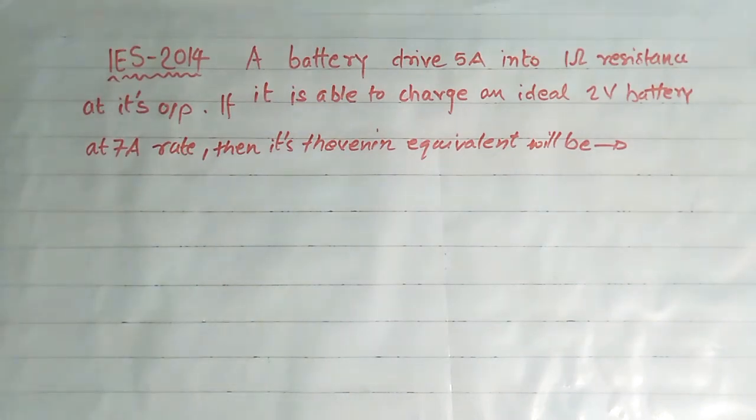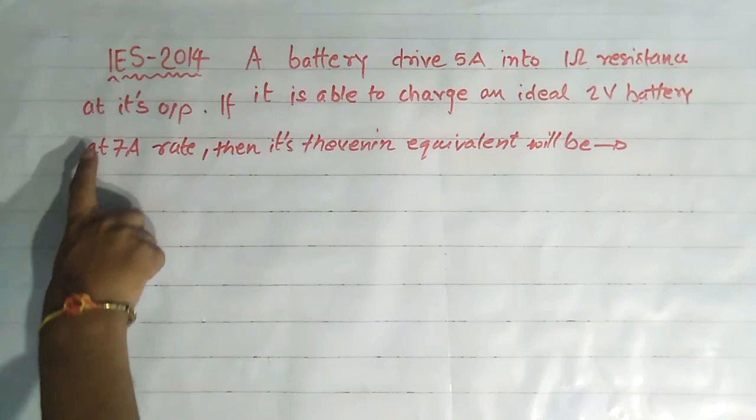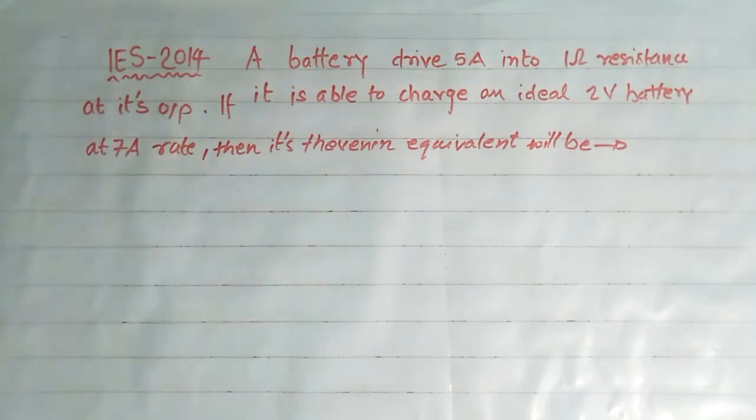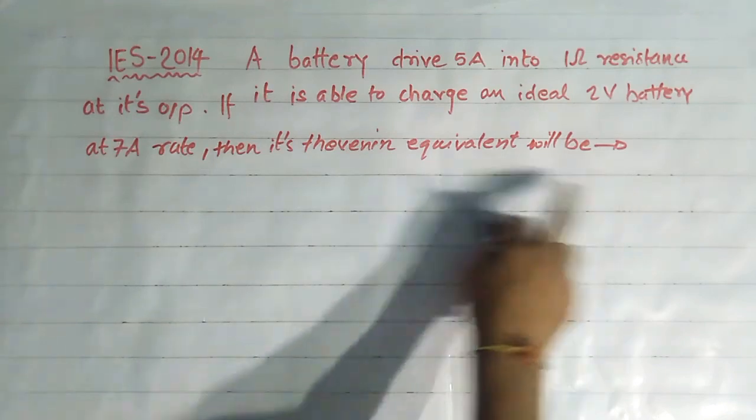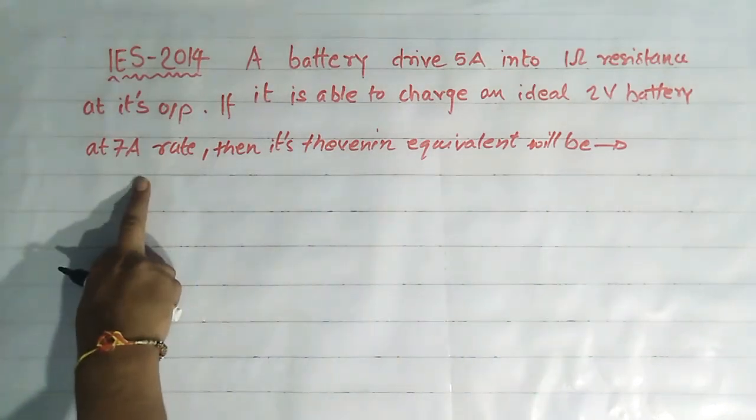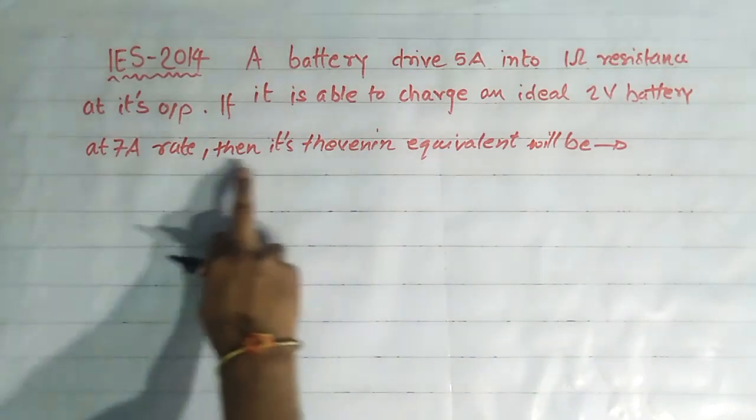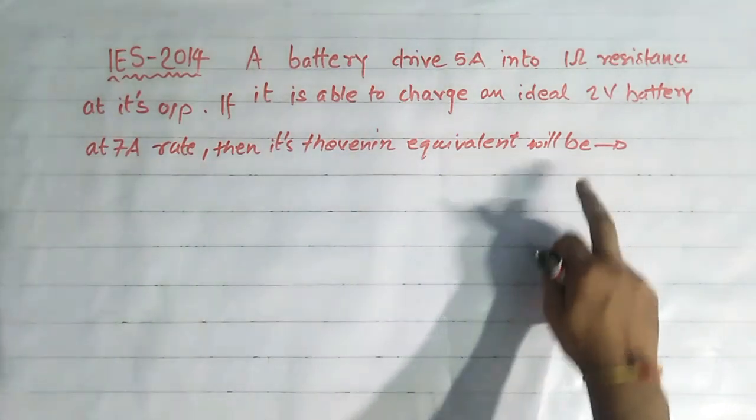Now see this question that has been asked in IES 2014. A battery drives 5 ampere current into a 1 ohm resistance at its output. If it is able to charge an ideal 2 volt battery at the rate of 7 ampere, then what will its Thevenin equivalent be?